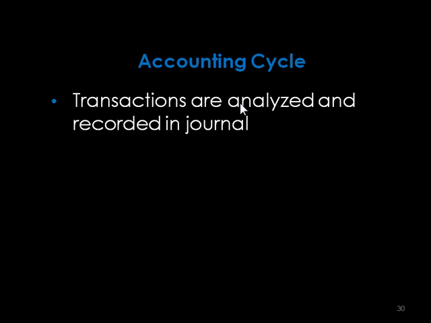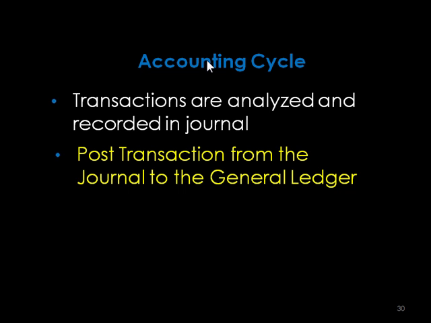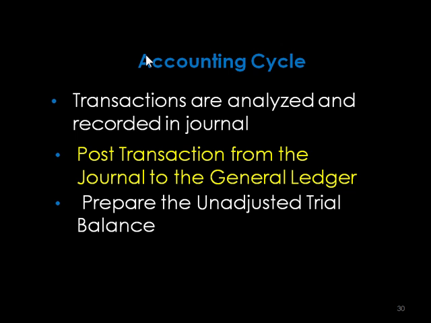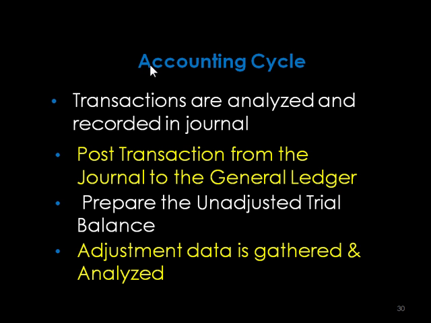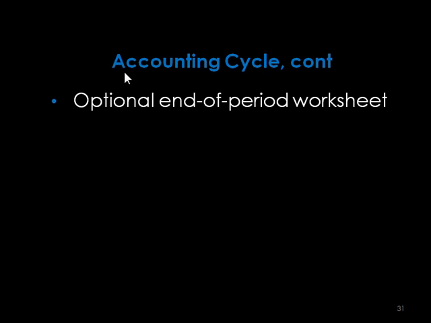So here's the accounting cycle. The transactions are analyzed and recorded in the journal. You want to post the transactions from the journal to the general ledger. You're going to prepare the unadjusted trial balance. So this is kind of where we've been through this. Then adjustment data is gathered and analyzed, which is what we just covered.